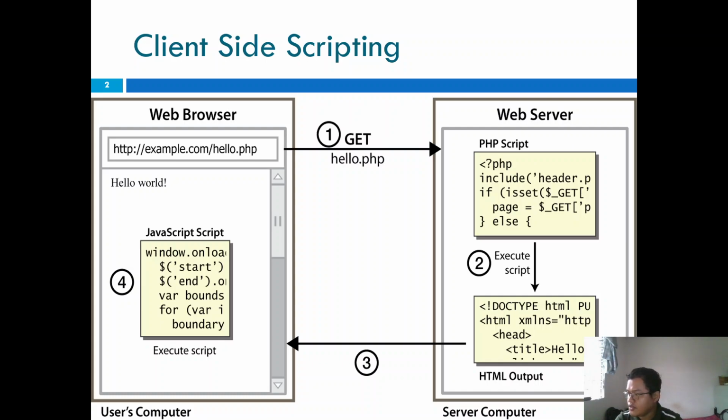So on the common web application, we often have a web server and a web browser used by our clients or our users of our web applications, and we also have a web server where we deploy or where we put our web application.